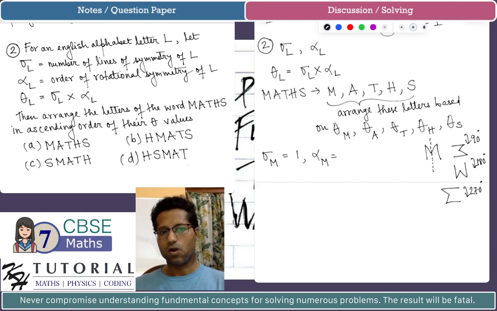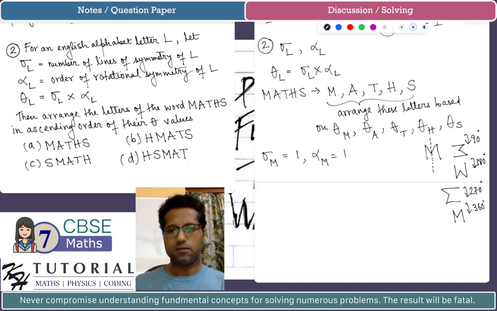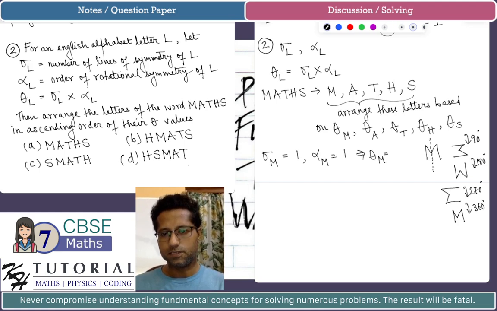Alpha is the order of rotational symmetry of M. So definitely for M, the order of rotational symmetry is 1. This implies theta M is equal to 1 into 1 equals 1. Okay, so we have theta M equals 1.